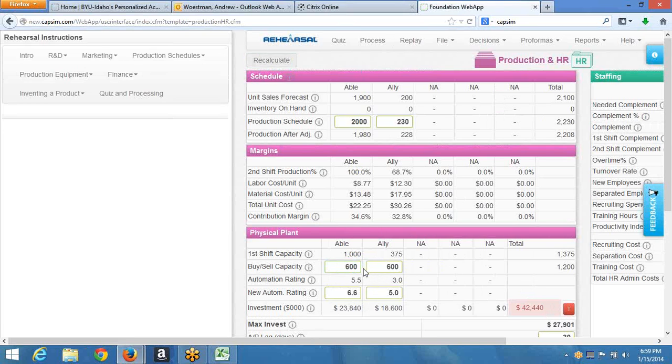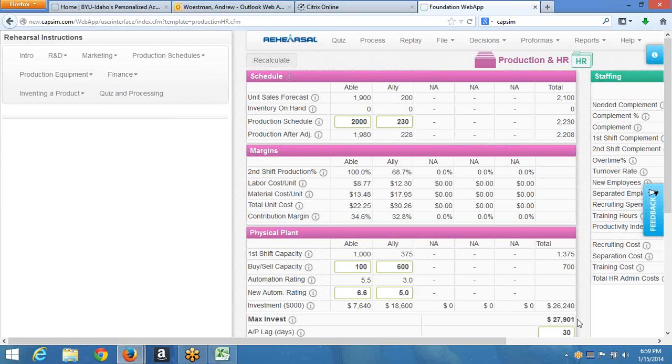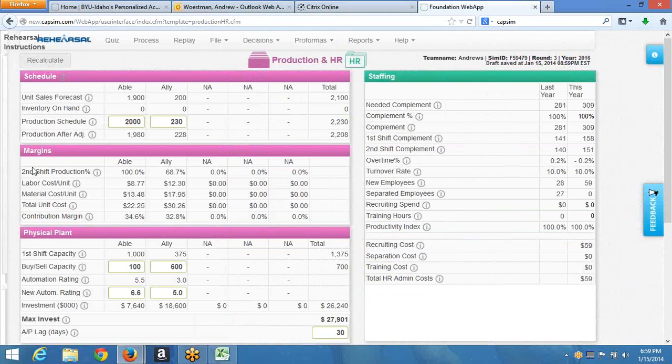Yeah, 42,000. So I don't want to do that because I already have so much capacity and my automation is higher, I won't be able to invest as much. So, but I'm going to invest as much as I can to get as close to my 27,901. So that's pretty close. I could play with it more, but that's pretty close for this discussion.